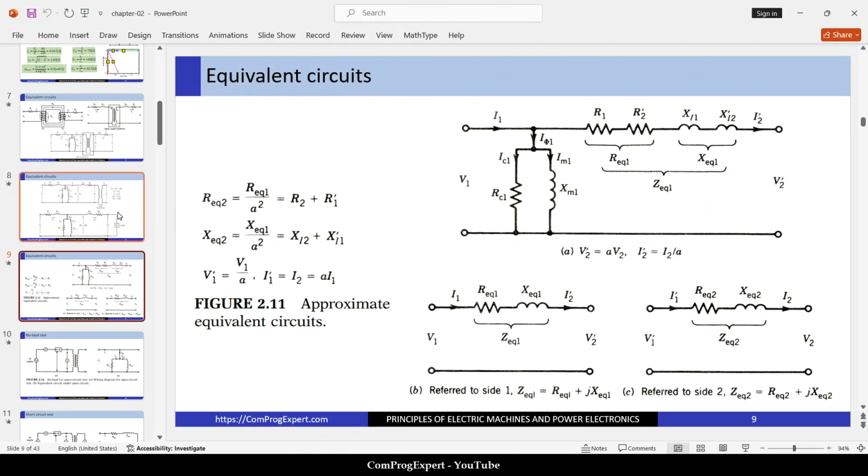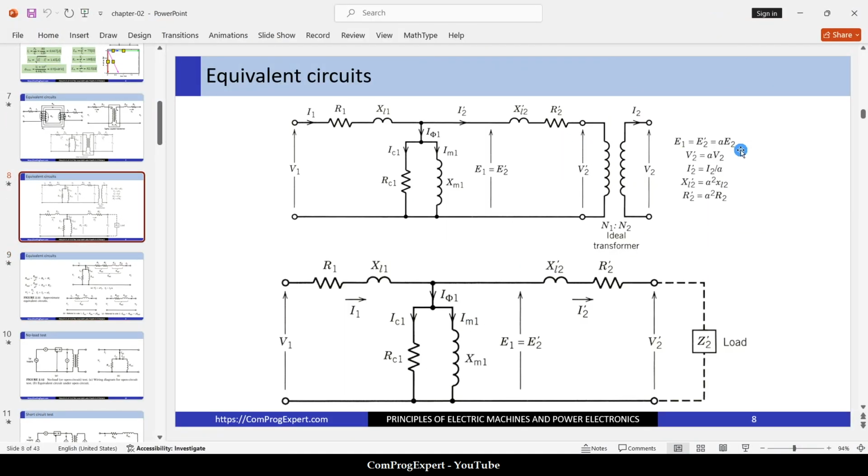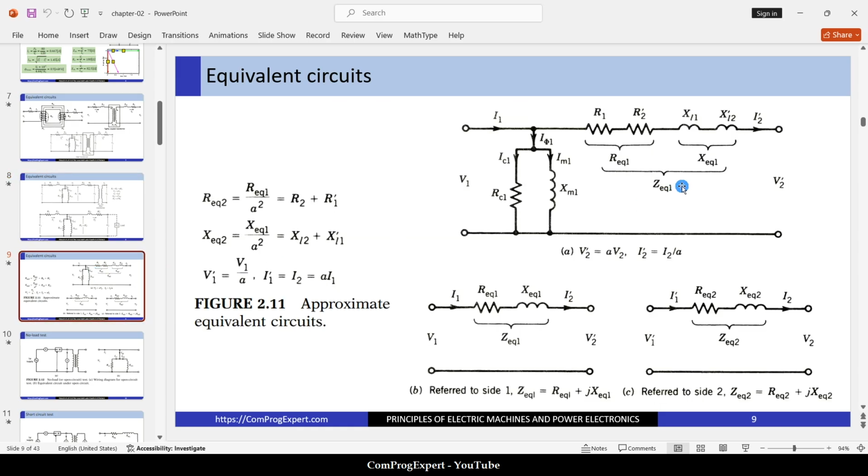So here is the model when we refer the secondary side elements to the primary side. In this case we also have the load impedance, referred to the primary side, and this is the simplified model when we neglect the core resistance and magnetizing inductance.